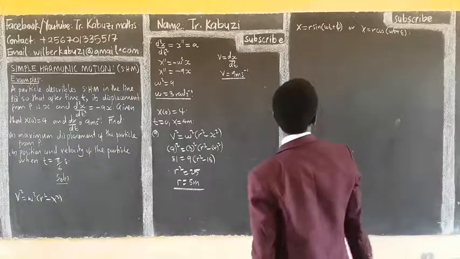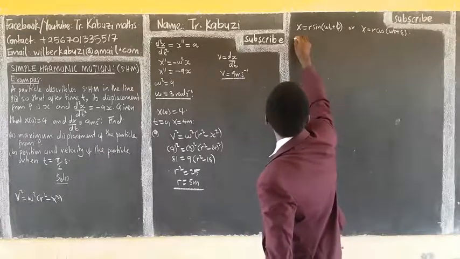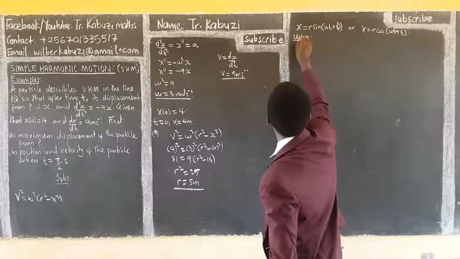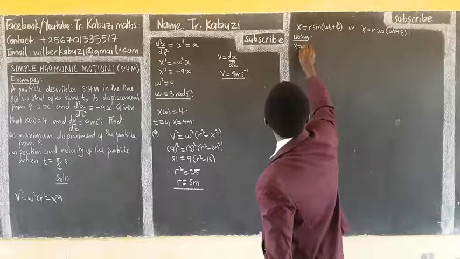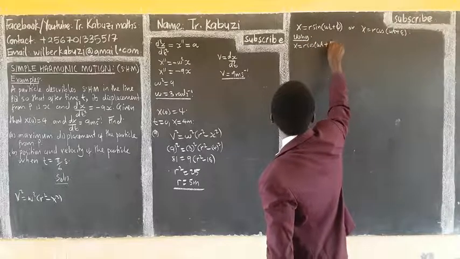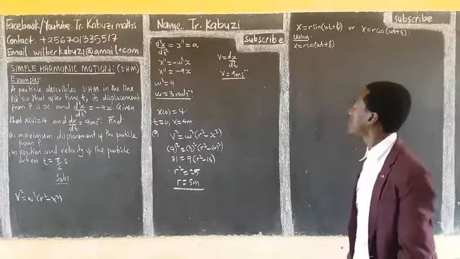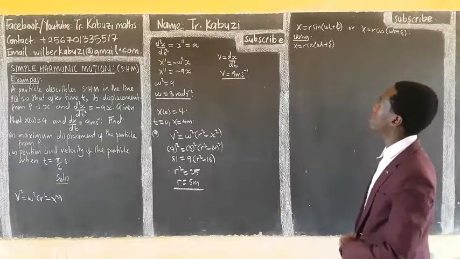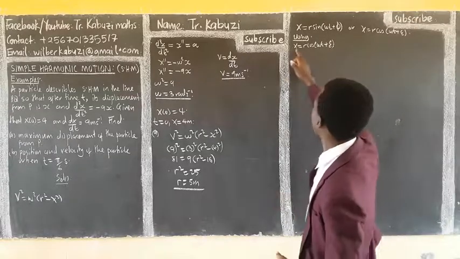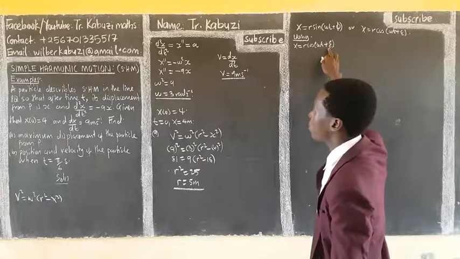So what should I use? Okay, let me use this one here, x equal to r cos of omega t plus the phase constant. It's up to you. Now they want me to get this displacement, but I first have to remove this constant. How am I going to remove it?